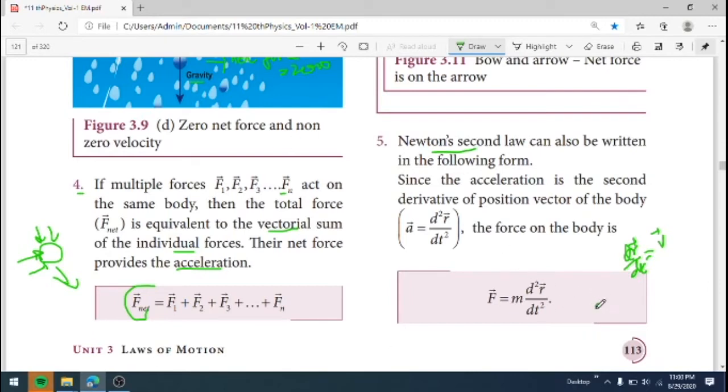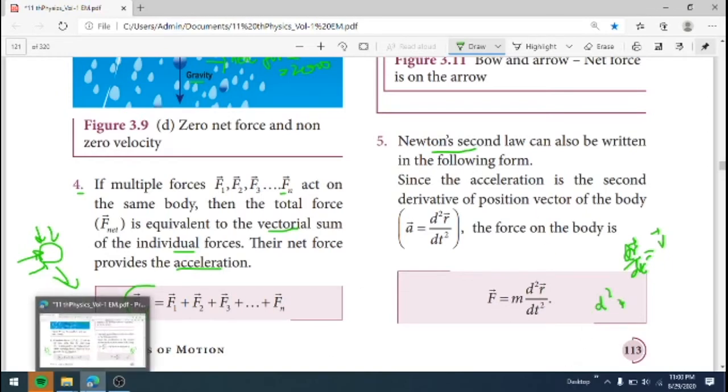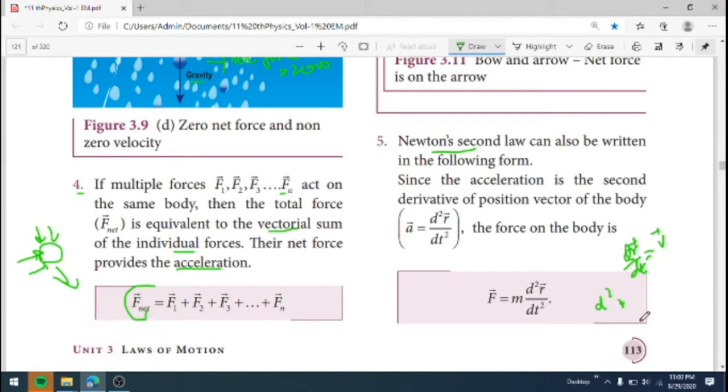It is again differentiated, so it is d squared r vector by dt square. That gives you the acceleration. So F vector is equal to m into, instead of a, d squared r by dt square.